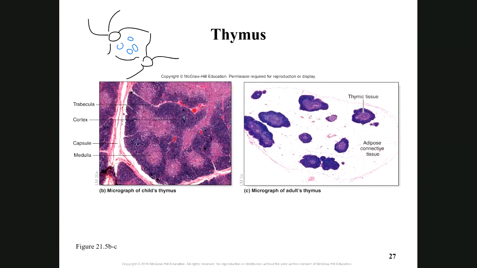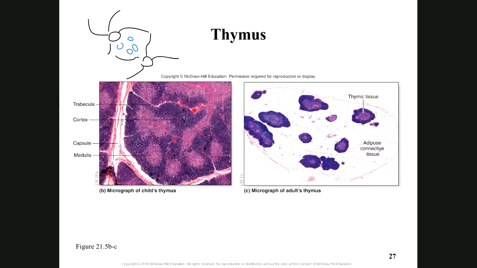And additionally, they can produce hormones that are very important for the process of maturation and graduation. This hormone, which is secreted from the epithelial cell, is called thymosin or thymic hormone.